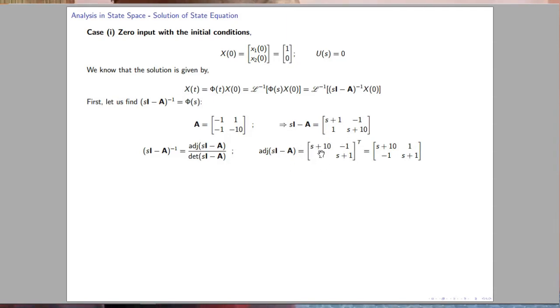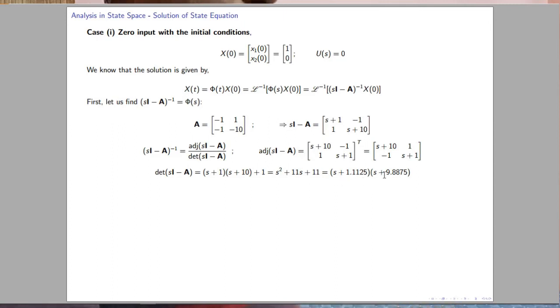This is the cofactor matrix, and we took the transpose, we get the adjoint, and the determinant of this is (s plus 1) into (s plus 10) plus 1. So you get the determinant of this matrix as this. This is a quadratic polynomial. This can be factored like this.